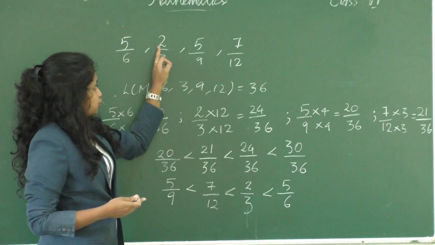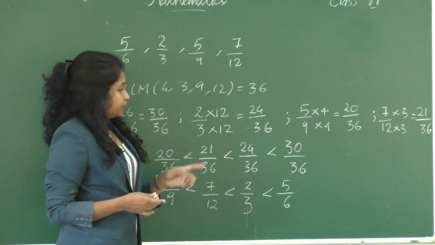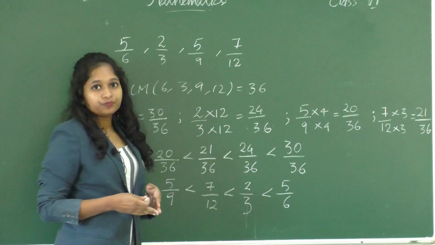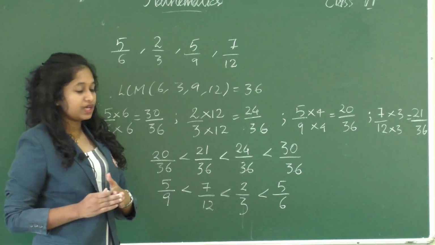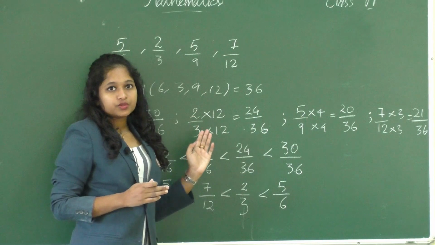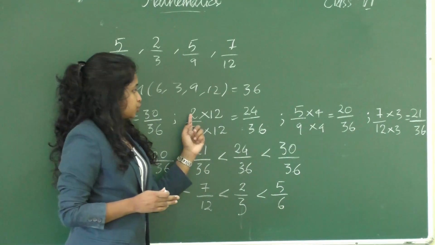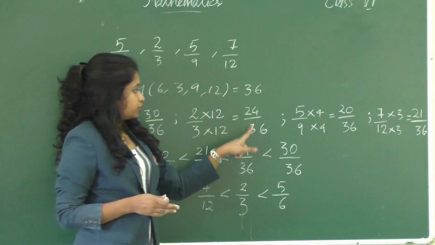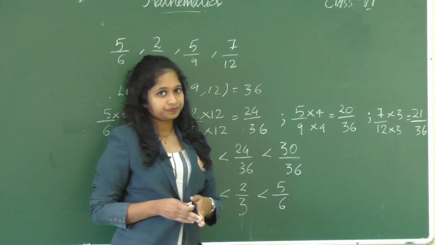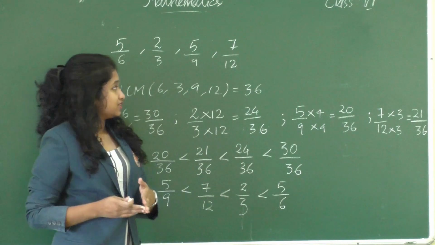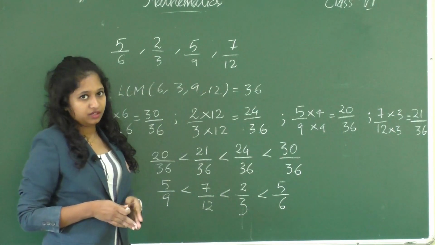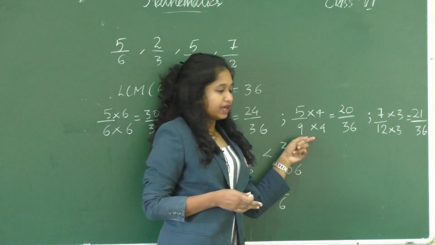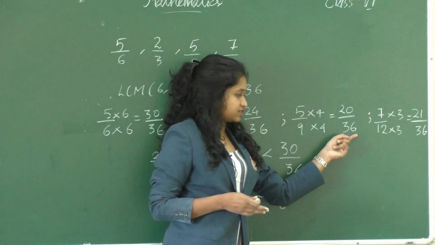When we move on to 2 by 3, when you multiply 3 by 12, you get 36. So multiply the numerator also by 12. 2 into 12 is 24. So we get 24 by 36. When we move on to the next fraction, that is 5 by 9. When you multiply 9 by 4, we get 36.